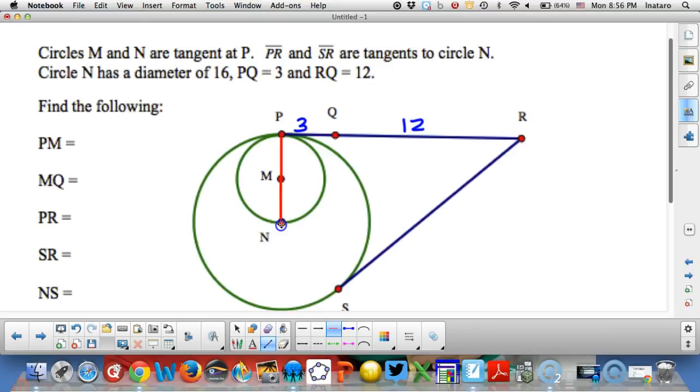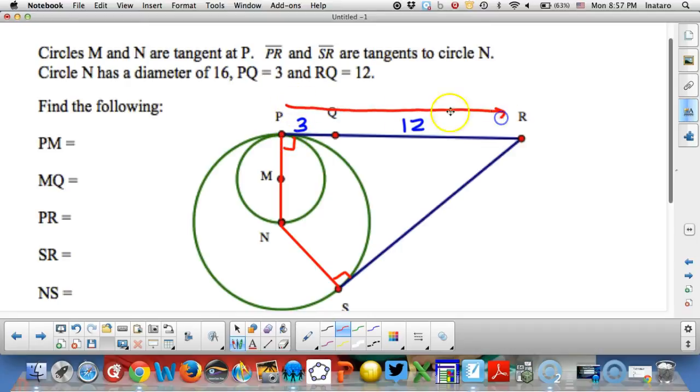And I'm also going to draw the radius from N to S here. So we have right angles at S and at P. And I know this entire length here is 15. So we know that RS is 15.